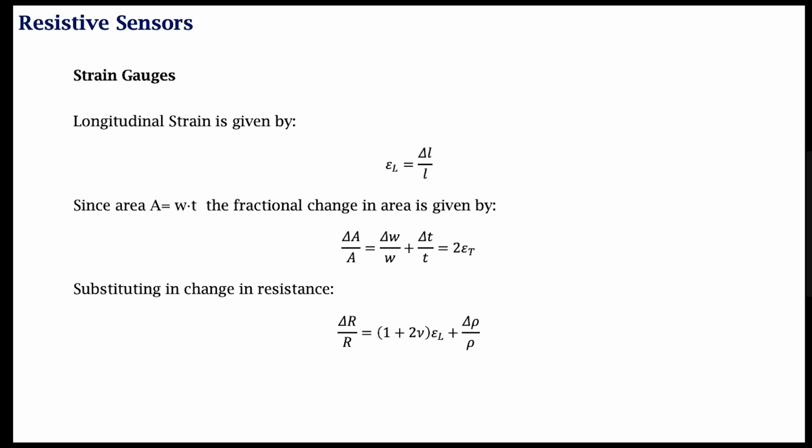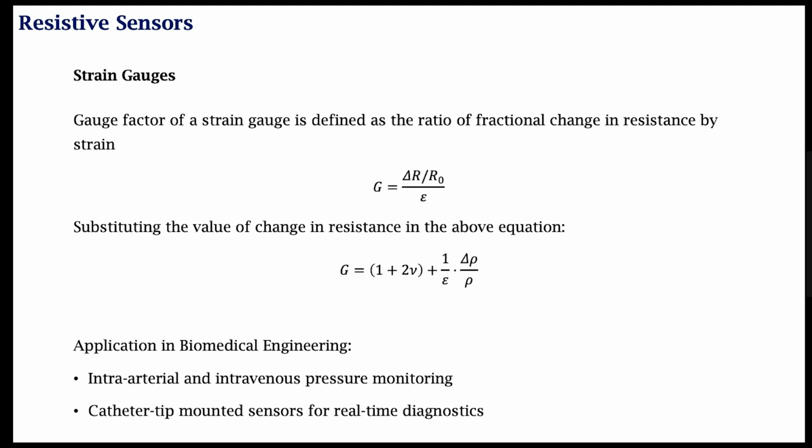Instead of delta A by A, you will find out that after some algebra, this is essentially a function of the longitudinal strain and the change in the resistivity plus a new quantity, 1 plus 2 nu. What is nu here? Nu is the Poisson's ratio.